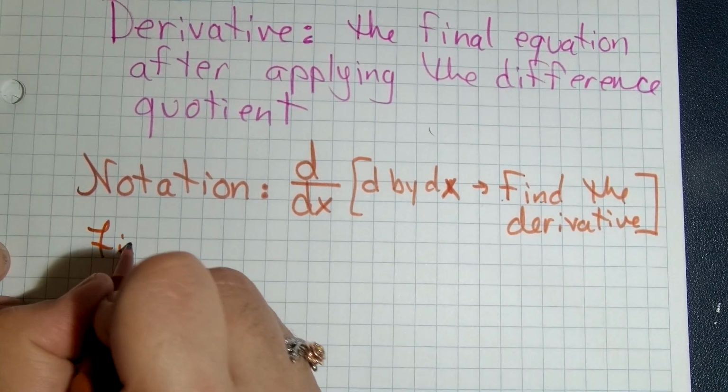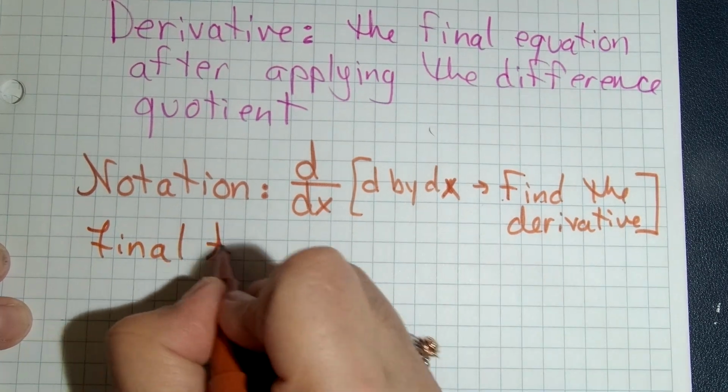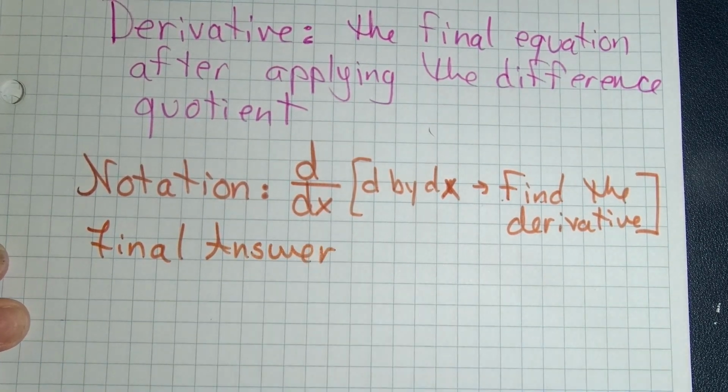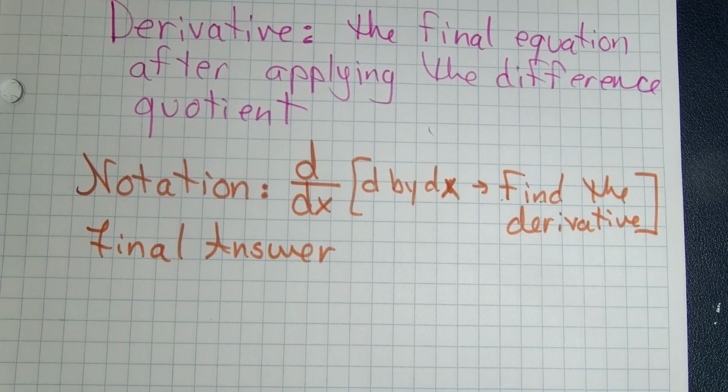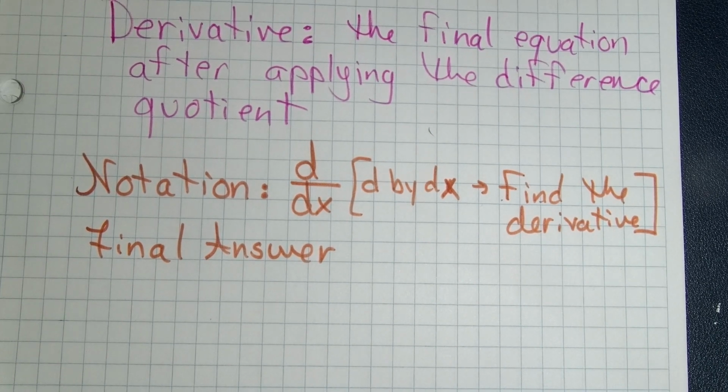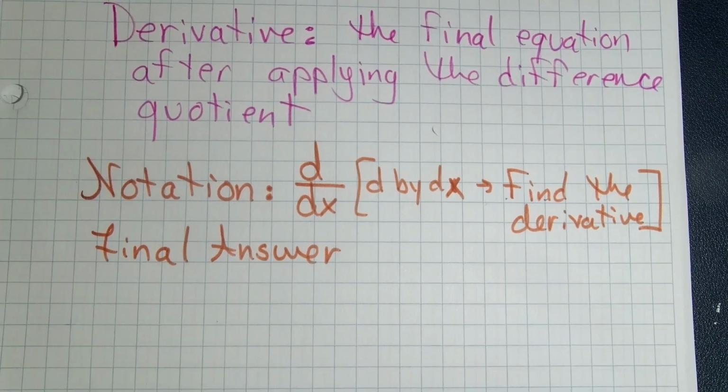For the final answer, we will also have notation. Just like when we were doing the tangent, we needed to do y equals mx plus b. We needed to do m equals. We have some type of notation for almost everything in calculus. So your final answer, you also need correct notation.